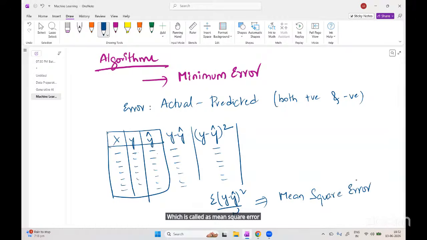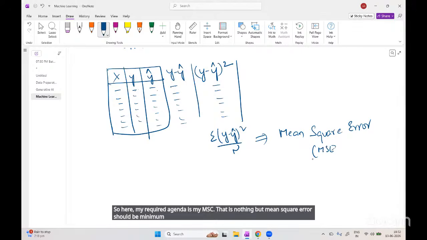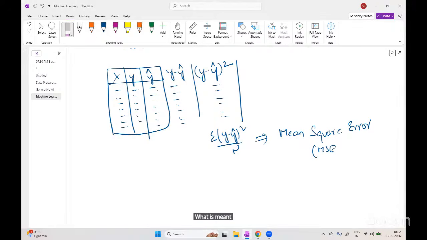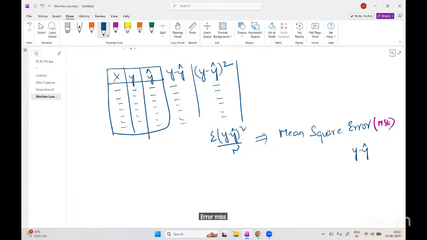Mean square error. So here my required agenda is my MSE, that is nothing but mean square error, should be minimum. What is meant by mean square error? One more time I am explaining, guys. Error means y minus y hat.